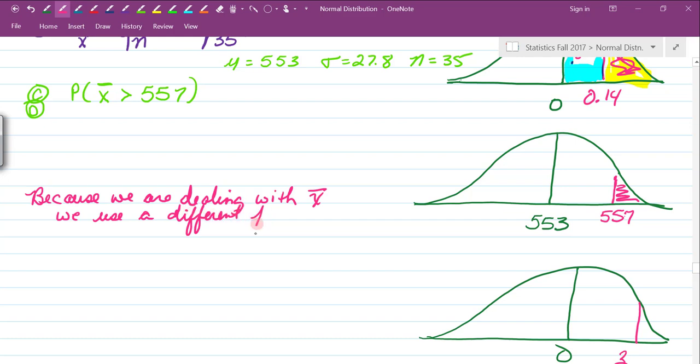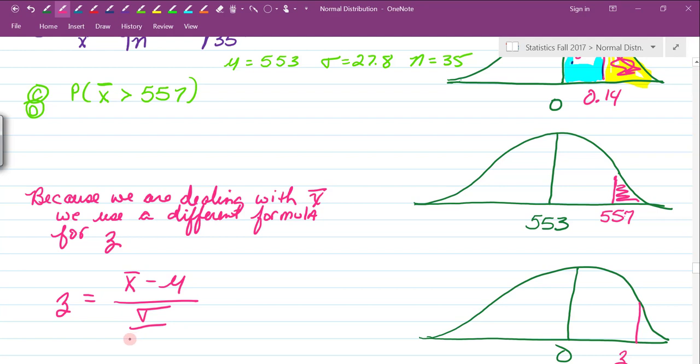And our formula looks like this. It's going to be z is equal to X bar, not X, minus mu, divided by the standard deviation about the mean, which is sigma, divided by the square root of n. So that is what our formula looks like.